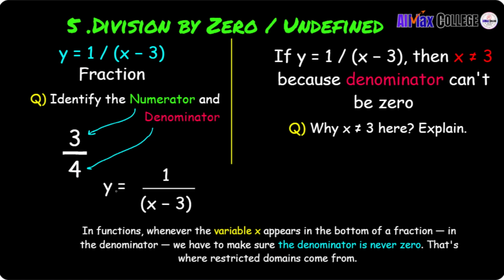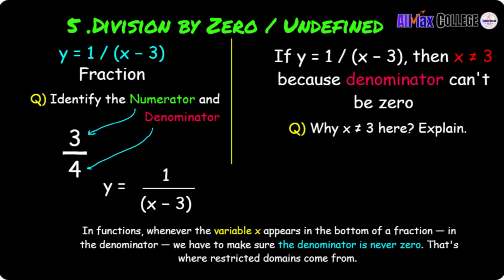Now, this one was our equation: y equals 1 over x minus 3. This is a fraction. We have mentioned that x is not equal to 3. How to explain that? Let's say that x is 3.